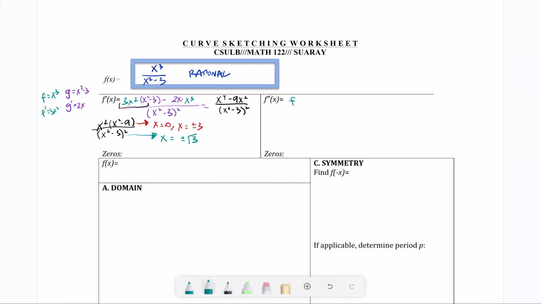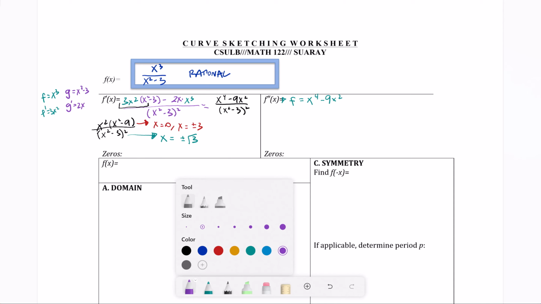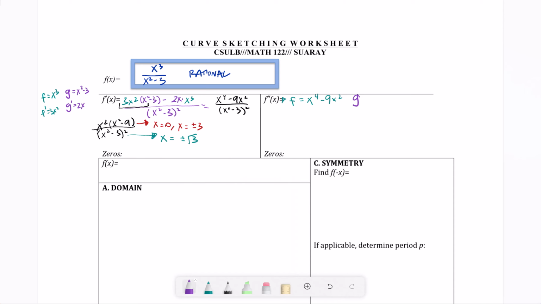All right, f double prime means we need to find the second derivative, the derivative of the first derivative. So our f is that, our g is that, and what you're going to see very quickly is you just got to be quick on your toes as far as knowing how to find derivatives, which rules to use.